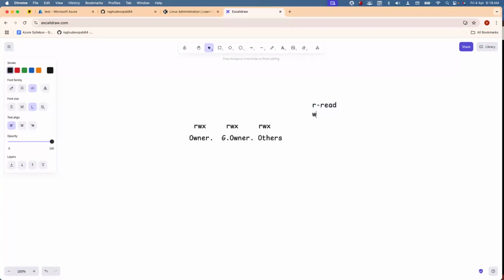R stands for read, W stands for write, and X stands for execute. So the owner can read the file, write the file, and execute the file. The group owner can read, write, and execute the file.